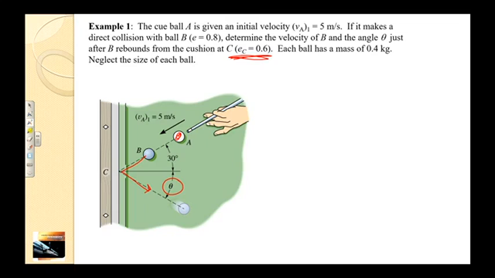Our coefficient of restitution e, which is given as 0.8 for these balls, is equal to the velocity of B after impact minus the velocity of A after impact, over the velocity of A before minus the velocity of B before. Just using our definitions. We've already been over the fact that B is at rest before impact, so that's 0. A here is 5 meters per second.